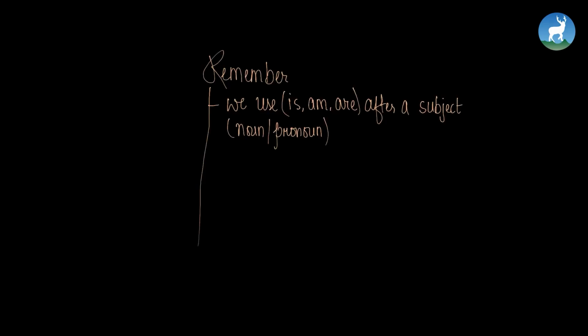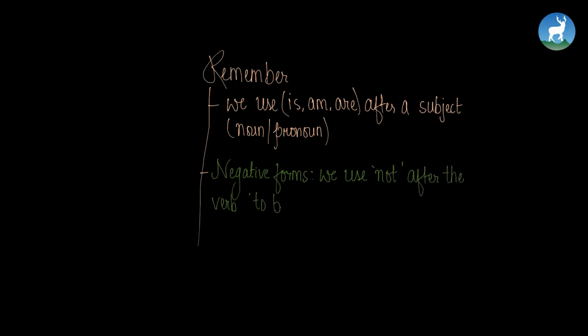So remember, we use is, am, or are, the verbs to be, after a subject, noun, or pronoun. For negative forms of present simple for the state of being, we simply use not after the verb to be: are, is, am. And to form questions in the present simple tense for the state of being, we invert the subject and the verb to be.